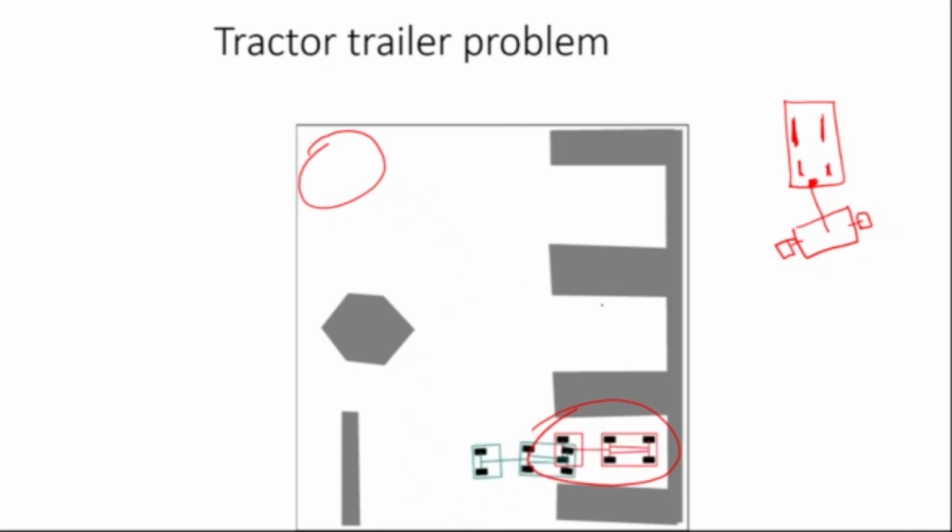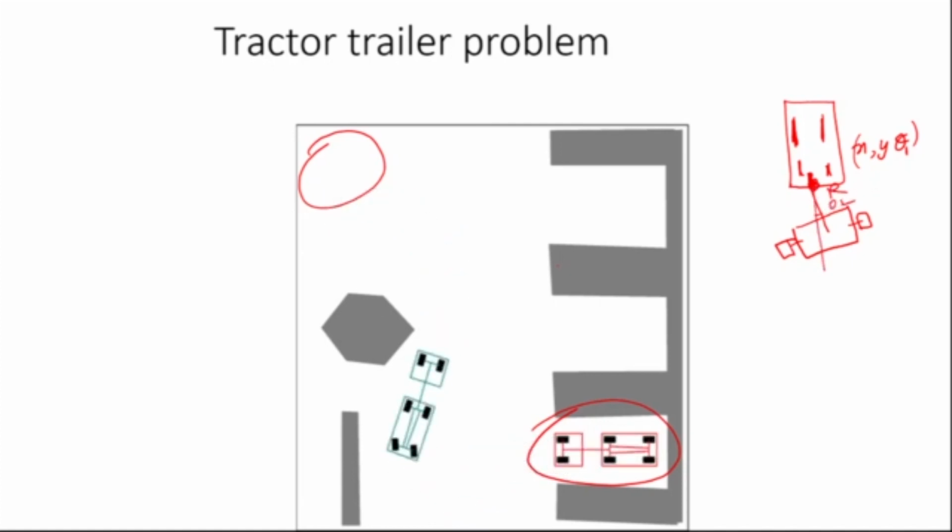So in this particular case, we have more degrees of freedom. This kind of car has x, y, and theta. Let's call it theta 1 because there is more than one now. The trailer has a revolute joint there, so there is going to be another theta 2.